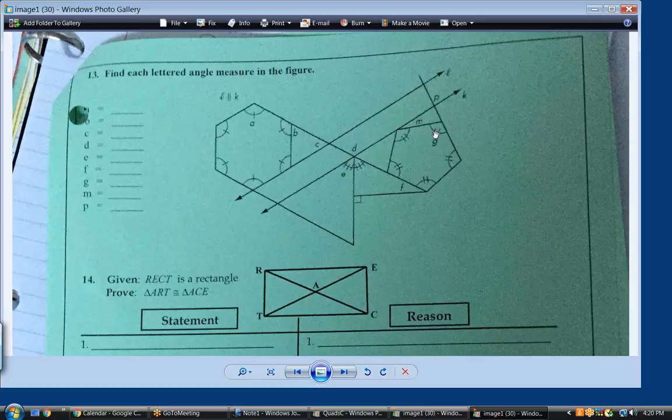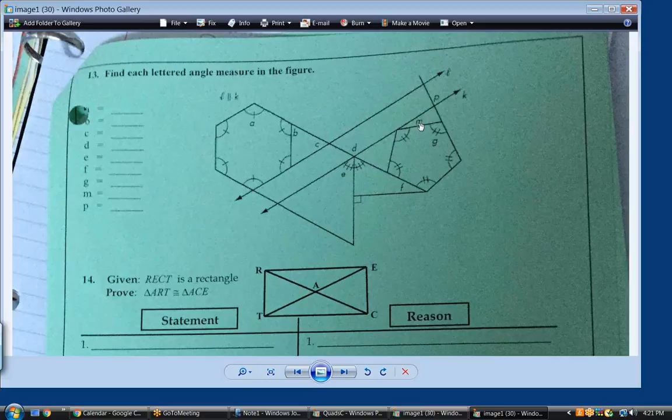If that's 108, what is M? 72. Based on... No, actually the angle next to G is 72. Okay. So, no, hold on. That's the same as G. Oh, this is 72.